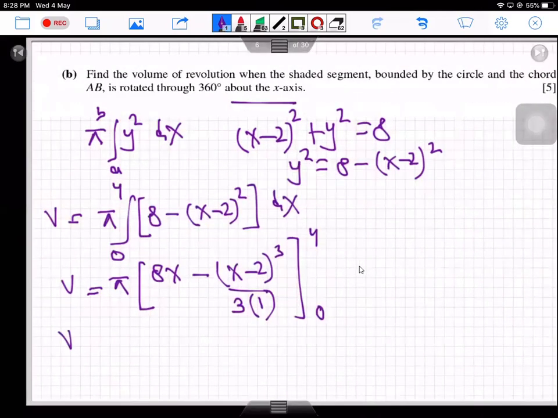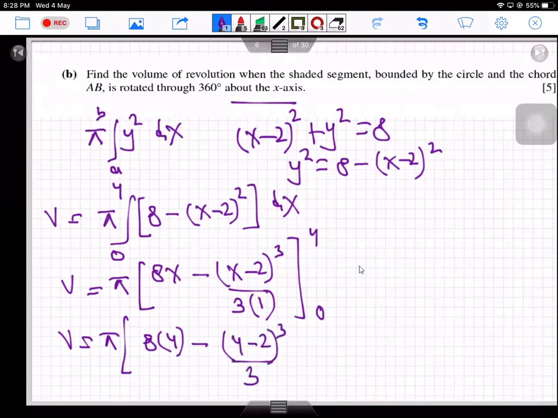So volume is equal to pi multiplied by [8 times 4 minus (4 minus 2) cube over 3, and then 8 times 0, and then minus (0 minus 2) whole cube over 3].